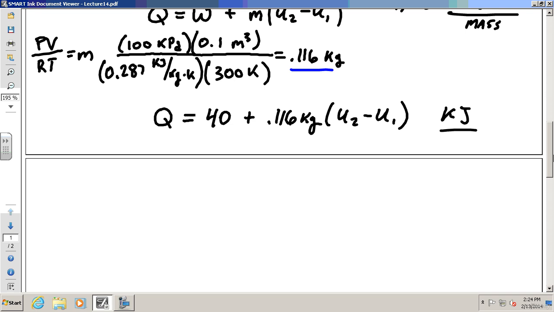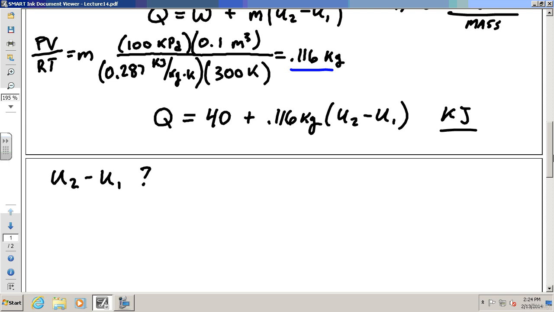So this is where it leads me. I've got to get U2 and U1. I've got to get the internal energy of air some way, shape, or form. There are two ways to do it. So the question now is, what is U2 minus U1?